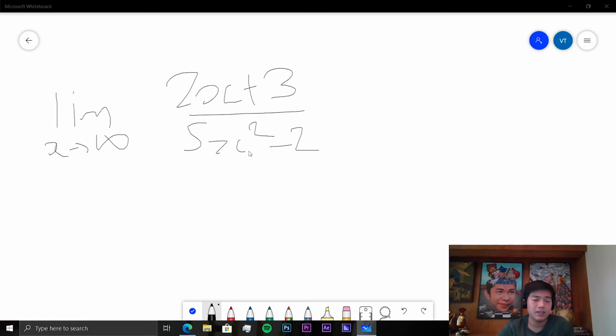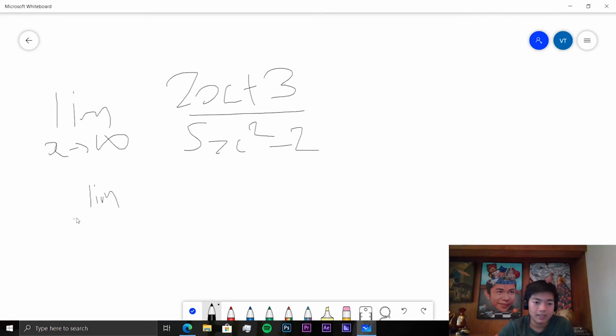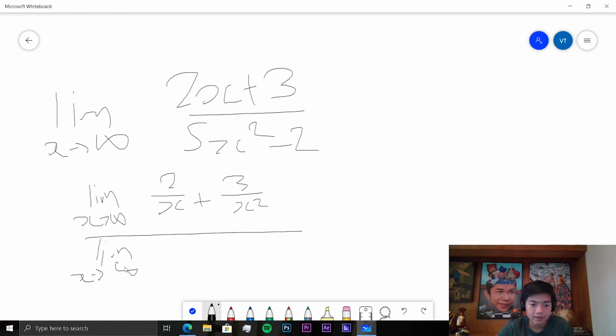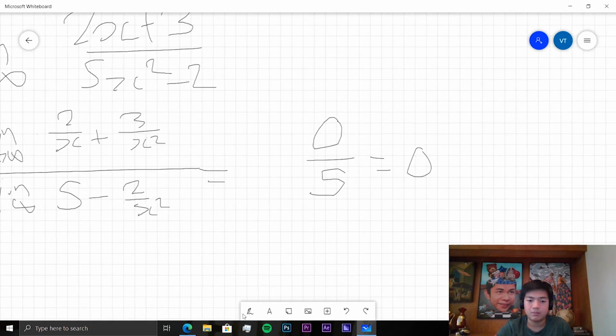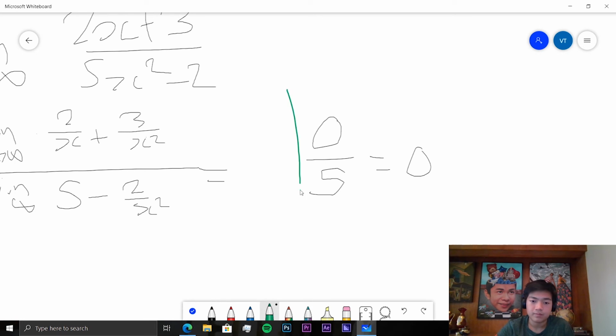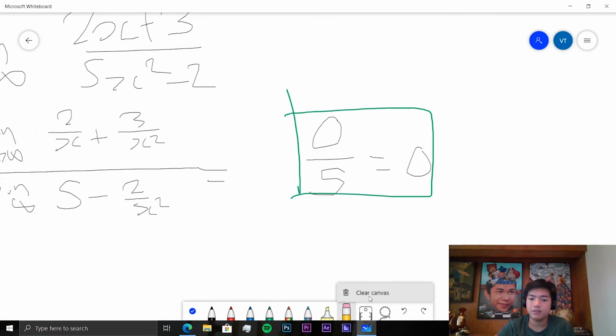If we divide both top and bottom by x squared, we get the limit as x tends to infinity of (2 over x plus 3 over x squared) over the limit as x tends to infinity of (5 minus 2 over x squared). So the thing is, this is equal to 0, this is equal to 0, so it's just 0 over 5, which is equal to 0. So yeah, that one was pretty simple. So on to the next one.